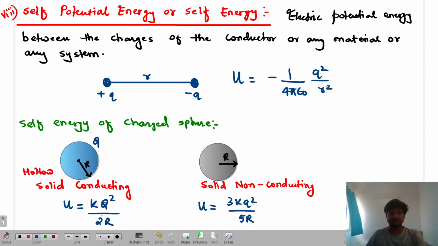Is that clear? If the charge q is there, 3kq square by 5r. Are you able to get me? ये फॉर्मूला है, बस स्फीयर का याद रखना है. स्फीयर के अलावा और कुछ तुम्हें सेल्फ एनर्जी याद नहीं रखनी है, ठीक है?